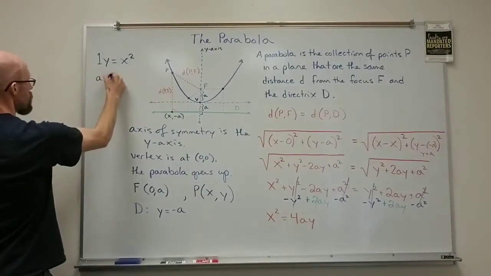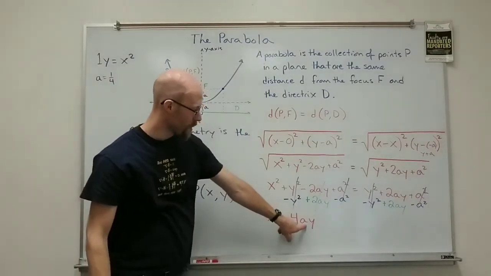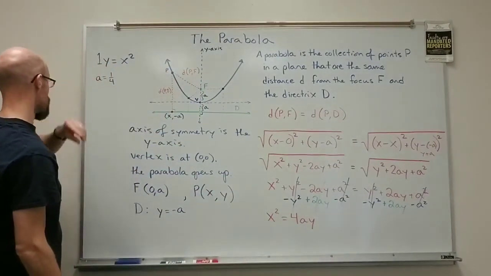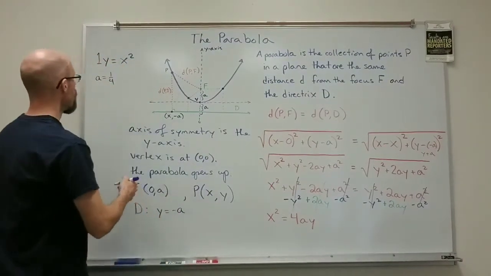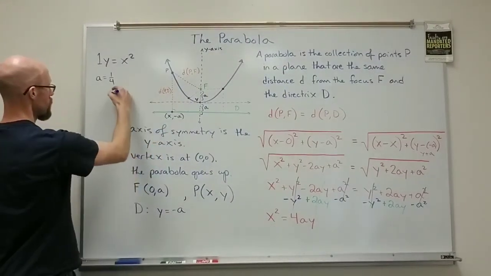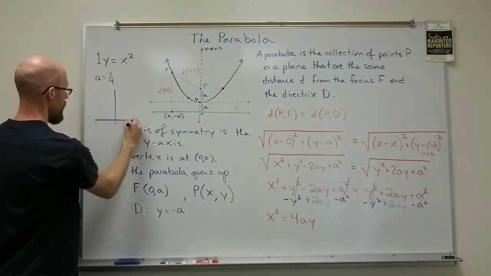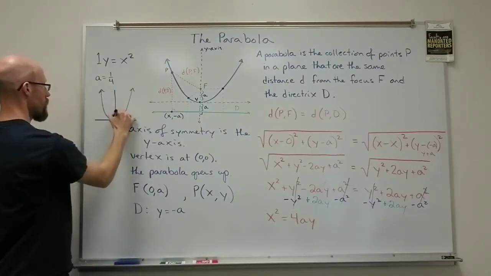So a must equal 1/4 in order to get 4 times a to be 1 and get this equation. And so that tells me that for our basic parabola that we've looked at before, our squaring function, if you recall from our library of functions discussion, that parabola has a focus.